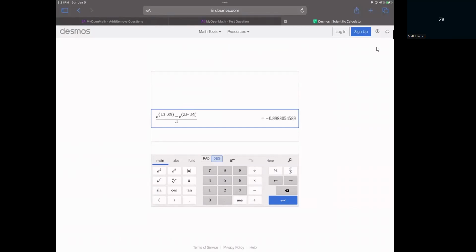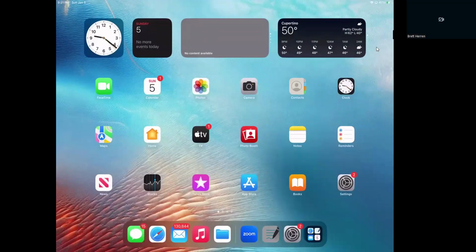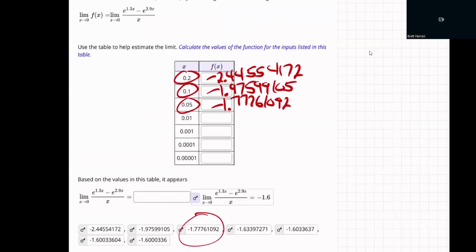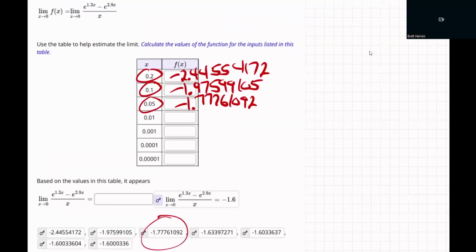And then down here, 0.05. And boom, there it is. Negative 1.77. You just copy and paste that. And sure enough, that's our third answer, negative 1.77761092.